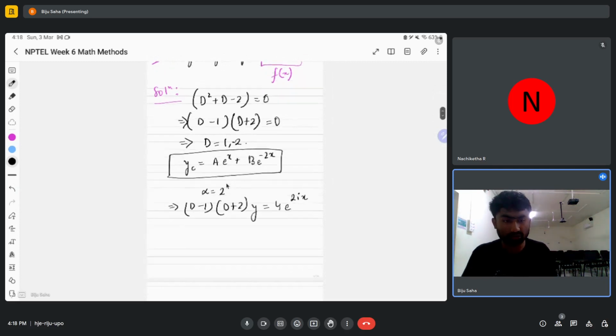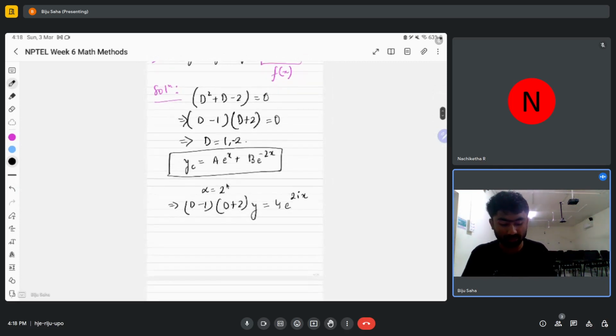So this is your new equation. Now you compare the values of the roots with the exponential. Clearly they are unequal. 1 is definitely not equal to 2 and it is also not equal to 2i.